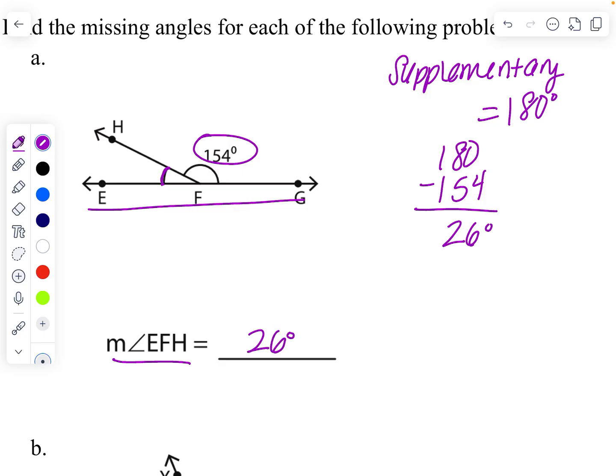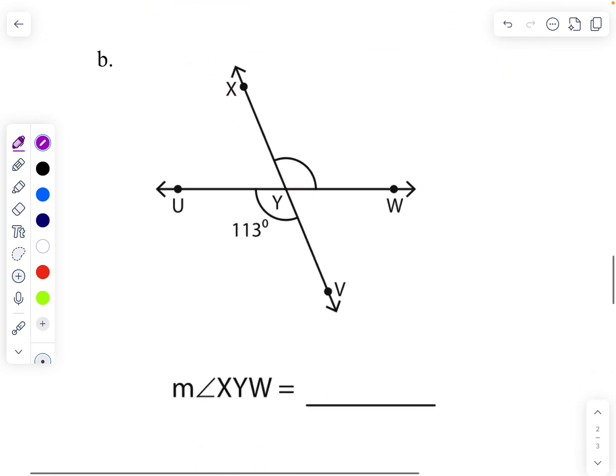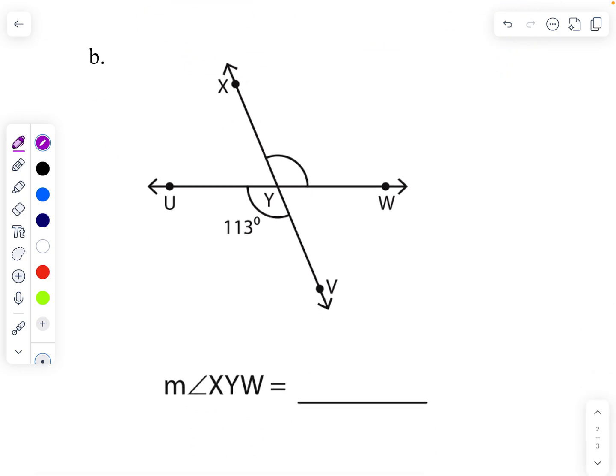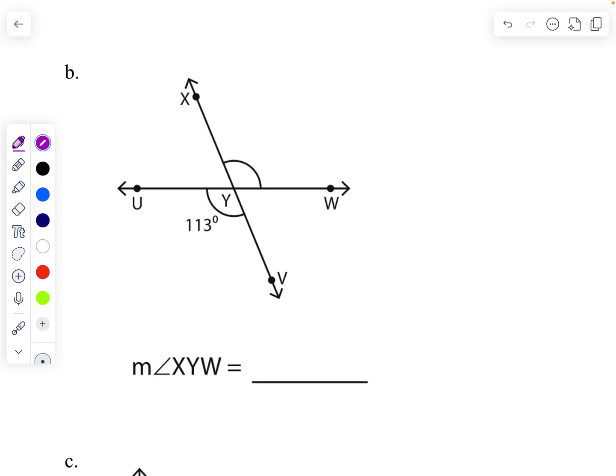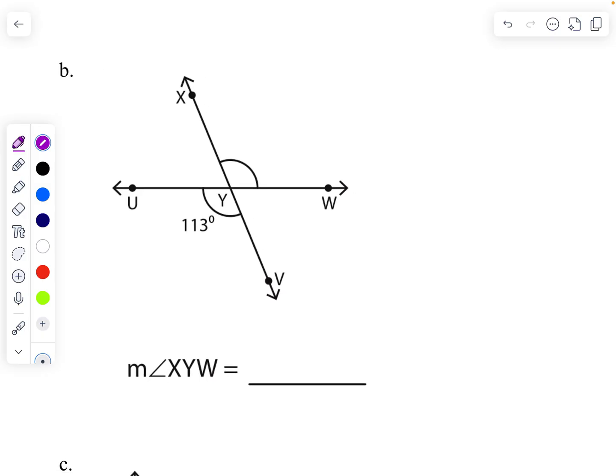Okay, moving on to the next one. For letter B, looking carefully at this picture, I'm going to first try to determine which angle pair I see here. So I'm noticing that this angle is 113 degrees and this other arc is on the other side, across from. So these have to be vertical.